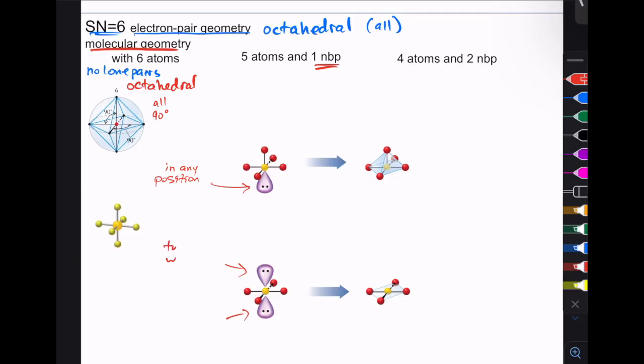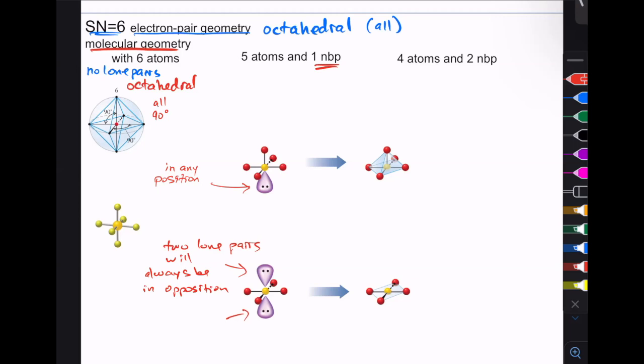So 2 lone pairs will always be in opposition. And again, it's all from the same reasoning of VSEPR theory: the repulsion that results from the electron pairs, in this case from the lone pairs in this kind of configuration.